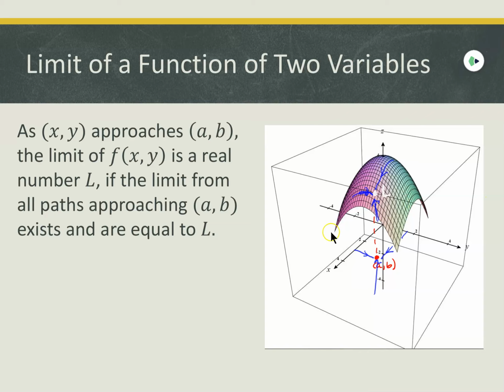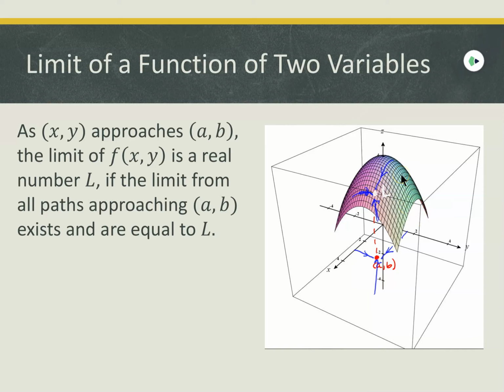So when we talk about the limit as points x and y approach AB, what we're saying is that the output values for the function need to approach this common value L along any possible path.